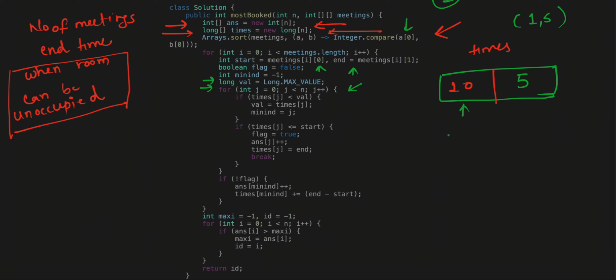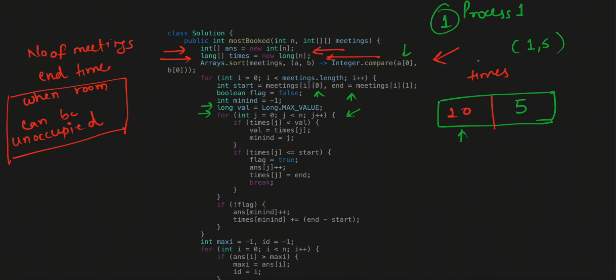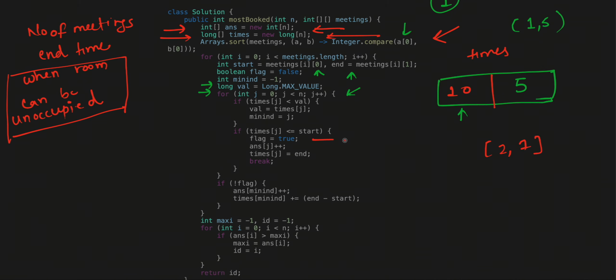Now the flag comes into the picture for the third delayed meeting, which was 2,7. For 2,7 I did not get any available room. Whenever I am getting a room, I am making the flag true, and I am breaking the loop and populating the values at that particular index. Now if I do not get any room, the flag still remains false.